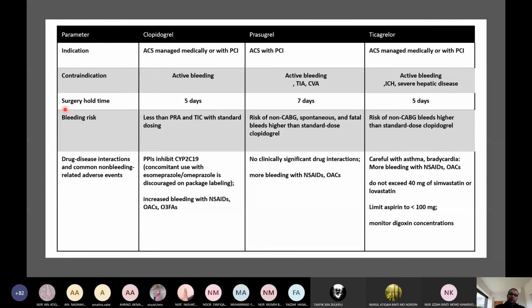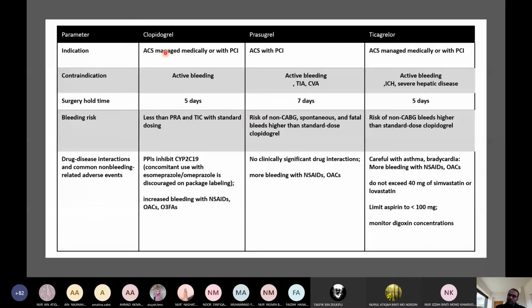And what about the surgery hold time? If the patient goes to surgery, how many days should it be held to avoid bleeding? This is 5 days, and this is 7 days. And you can see here the bleeding risk compared to the other.